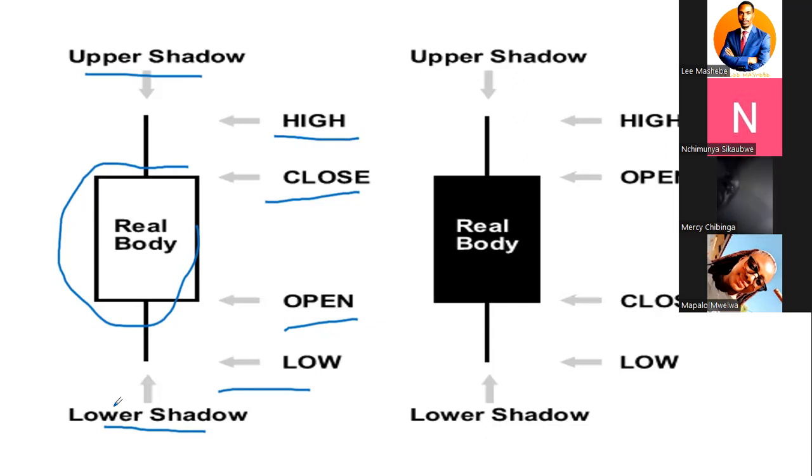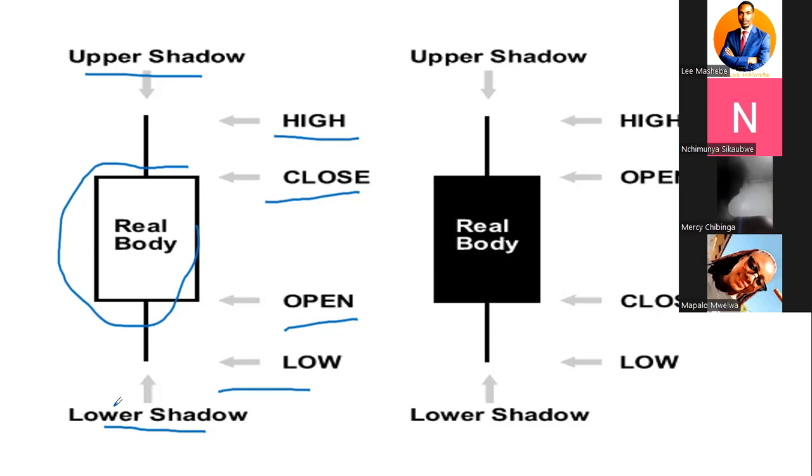Now, the advantage of a candlestick chart is that the body is in colors. There are colors known as white and black. Apart from white and black, there is red and green. The red is the representation of sellers.